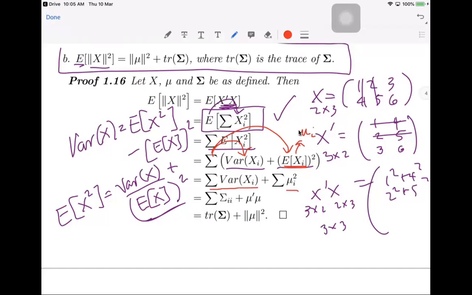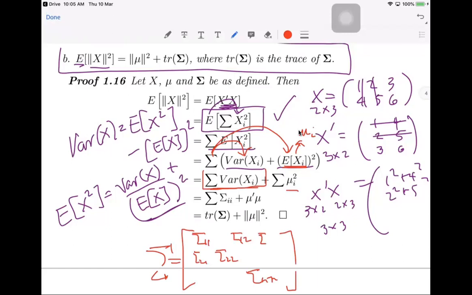The summation of the variances: if you look at your covariance matrix, the diagonal entries are sigma 1 1, 2 2, up to n n, and the other entries are the combinations, sigma 1 2, sigma 2 1, and so on. The summation of the variances is actually the trace of your sigma.